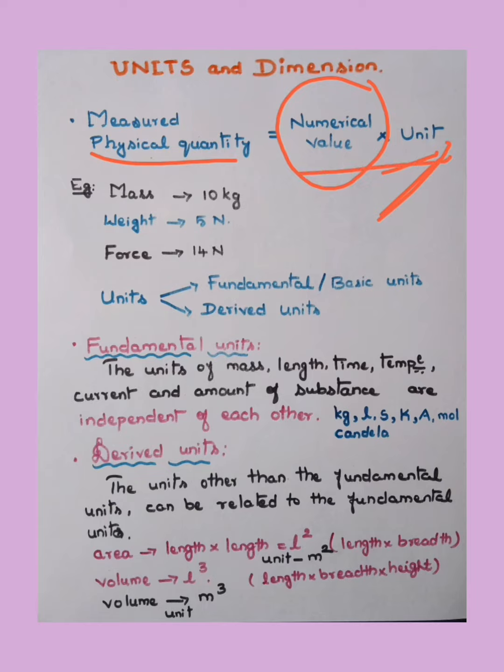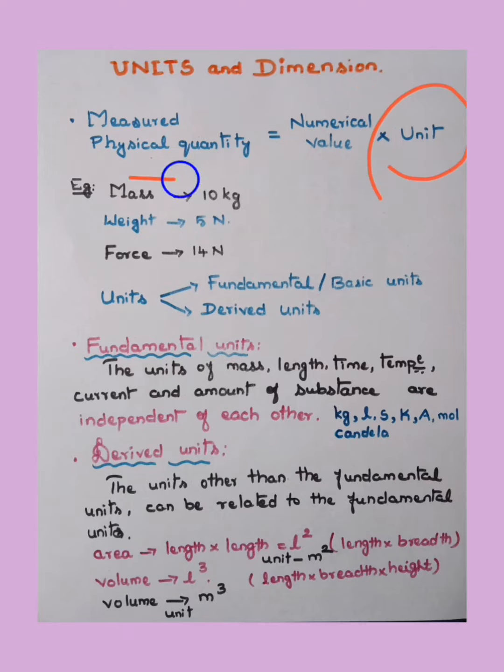These definitions won't be asked to derive, just to know what a unit is. For example, if we take the physical quantity mass, we express it like this: 10 kg of a substance. Here 10 is a numerical value, and kg is the unit of mass.